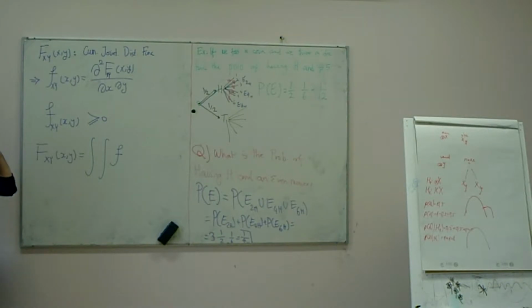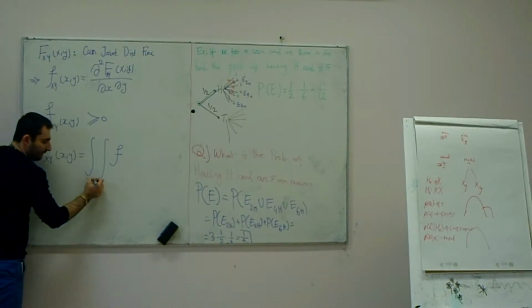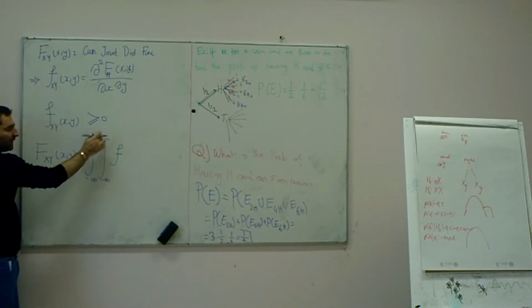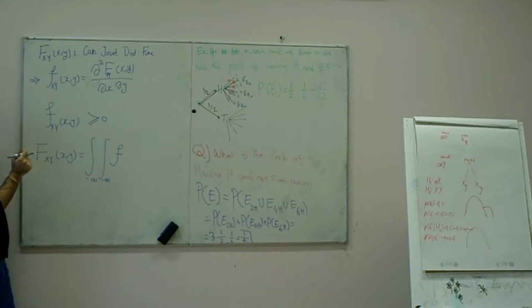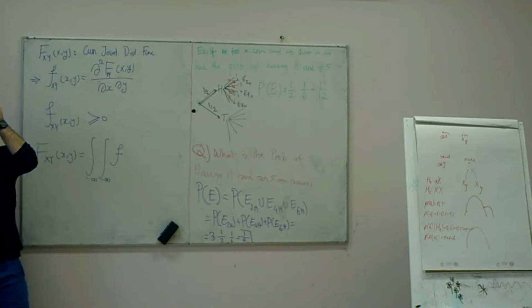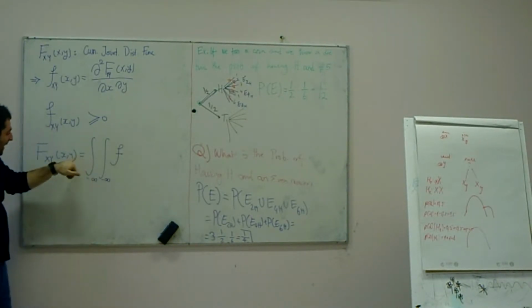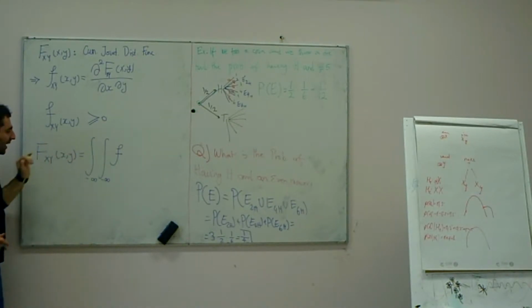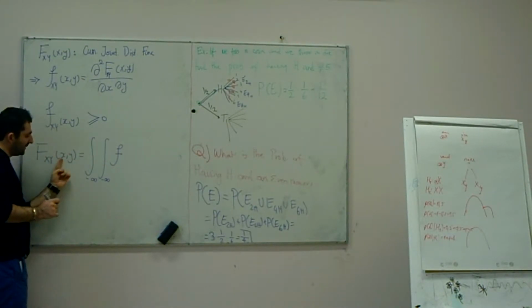Because it's cumulative, we start from minus infinity. And what should be the upper limit? If I put plus infinity in both of them, what will be the result? The result should be 1. Now, what about here? What do I have to put as the upper limit? x and y.